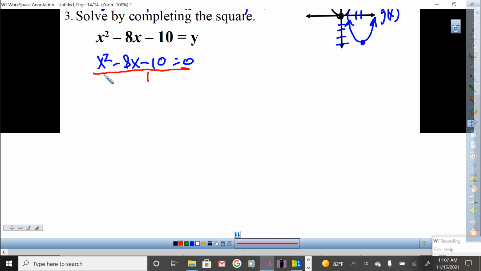Divide by 1, and it stays the same. If you noticed last week, we weren't doing that step, but just for the sake of going through the process, because we're going to need it today. Next, we need to eliminate the constant, so I add 10. We end up with x squared minus 8x equals 10.